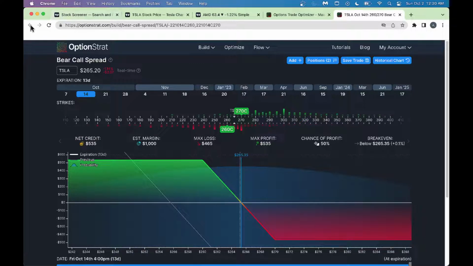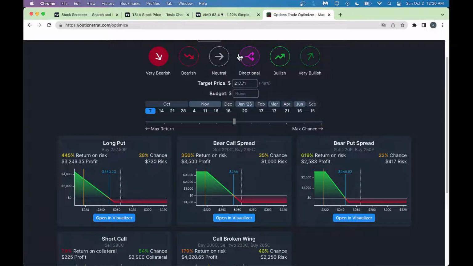All right, so we can go back here and we could look at a few more trades. Let's close this here and look at Tesla again. We can look at bear put spread also.